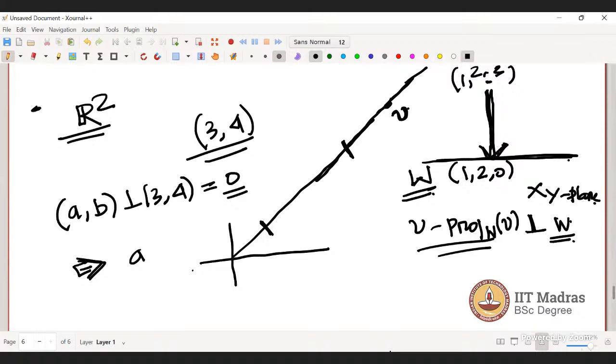Similarly, if I take some W and normalize it, I will get the same thing.